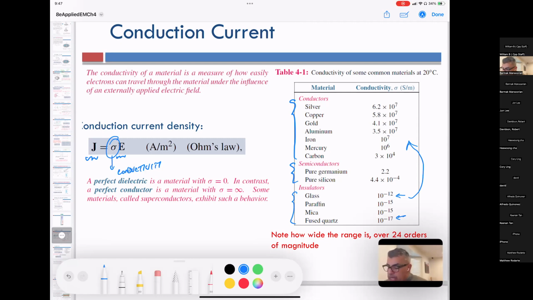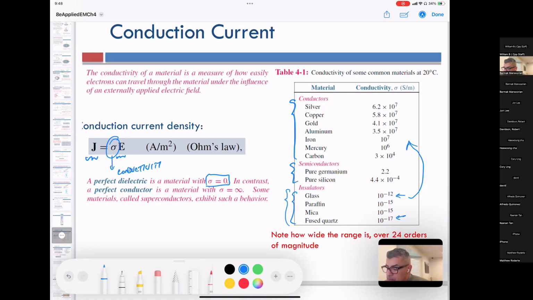Now, a perfect dielectric or perfect insulator has a conductivity of 0. We're used to thinking of glass as not conducting electricity, but it's still not really 0. It's a very small number. Only a perfect dielectric, which we don't have, has a conductivity of 0.